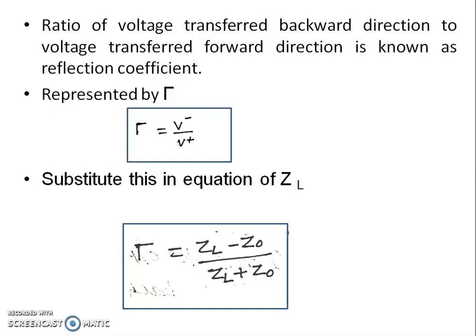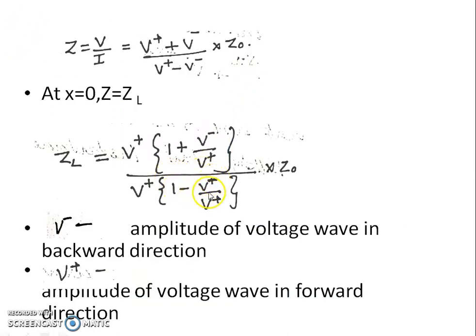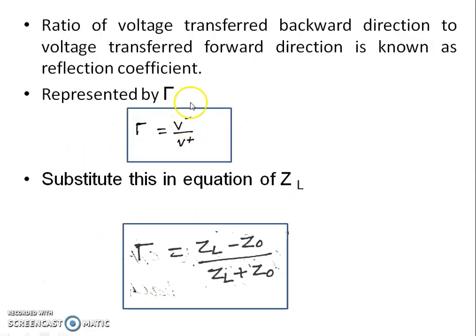We already derived the relation for ZL: V plus into (1 plus V minus divided by V plus), divided by V plus into (1 minus V minus divided by V plus), into Z naught. Applying the value of gamma, ZL is equal to (1 plus gamma) divided by (1 minus gamma) into Z naught.